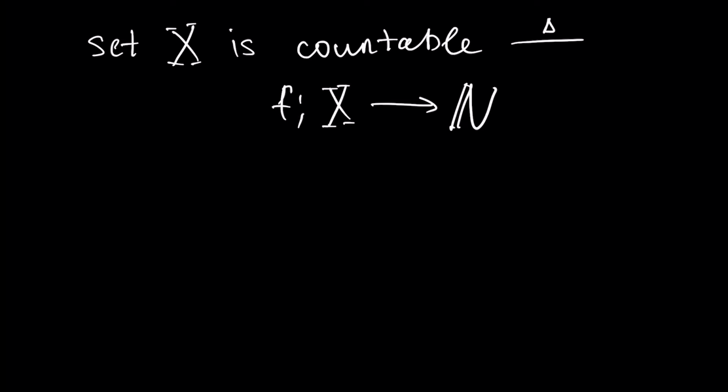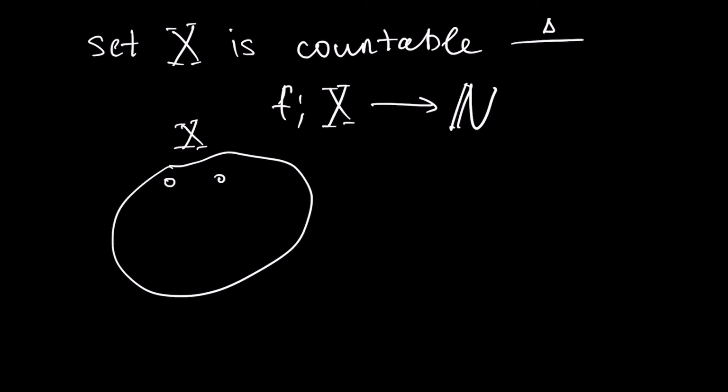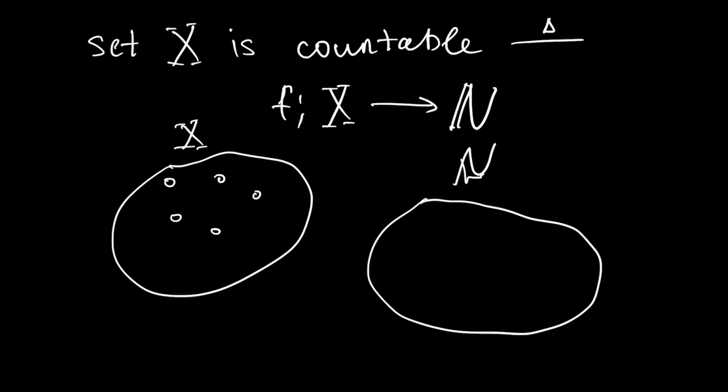For example, if we have some set X, and we have elements here. Here we have the set of natural numbers, and the set of natural numbers consists of 1, 2, 3, 4, and so on. And that's why we can construct a bijective mapping.